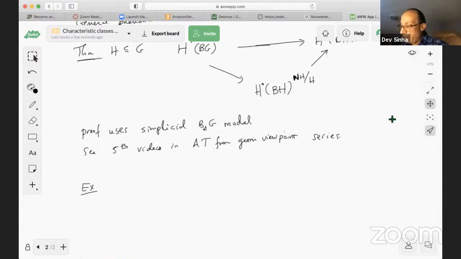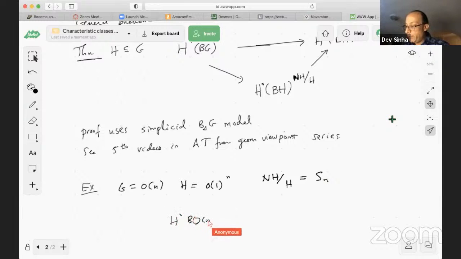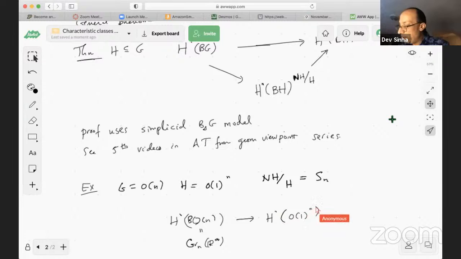If G is O(n) and H is O(1) to the n, so matrices with just plus or minus one along the diagonal, then it turns out that the normalizer mod H, that's often called the Weyl group, is S_n, and we've already seen that the cohomology of BO_n, which is the Grassmannian of n-planes in R infinity, when I restrict to the cohomology of O(1) to the n, which is a product of RP infinities, then that restriction we found was the S_n invariants.